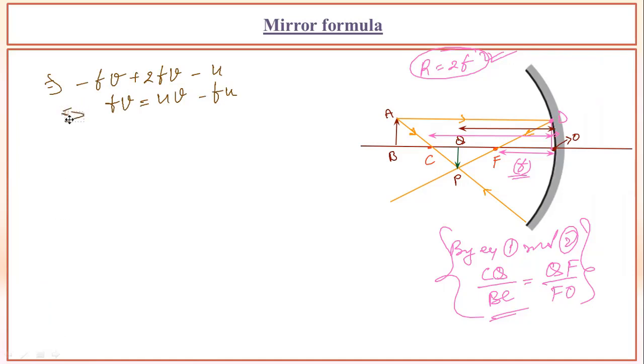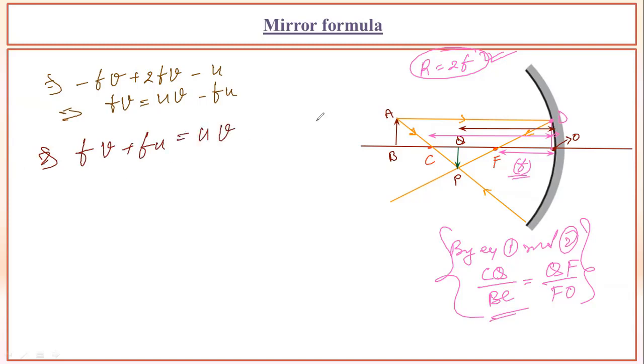Now let's continue. Further, when I go for the simplification, I will just alter the position. So that is FV plus FU equals UV.